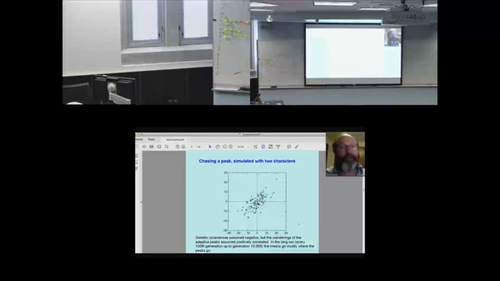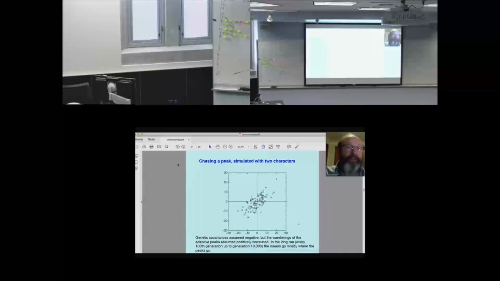So all of these come together, but in the very long run, it's the covariation of the movement of the peak, of the optima, that has the long-term effect. And if we're following a process of Brownian motion through time, in the end, we would mostly see movement that reflects that. So this is just a cautionary numerical example.